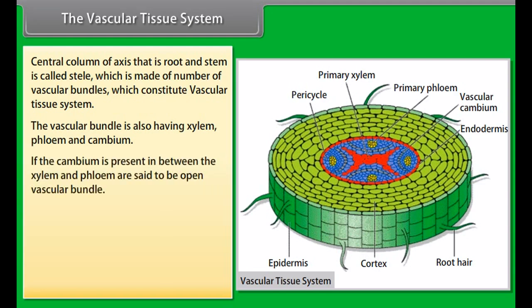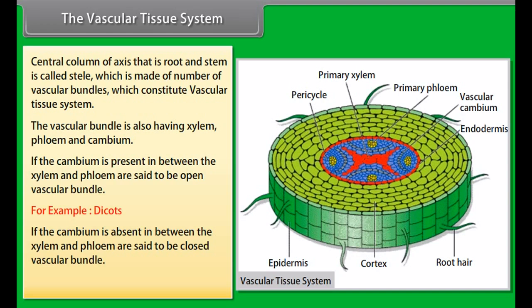If the cambium is present in between the xylem and phloem, it is said to be an open vascular bundle, for example, dicots. If the cambium is absent in between the xylem and phloem, it is said to be a closed vascular bundle, for example, monocots.